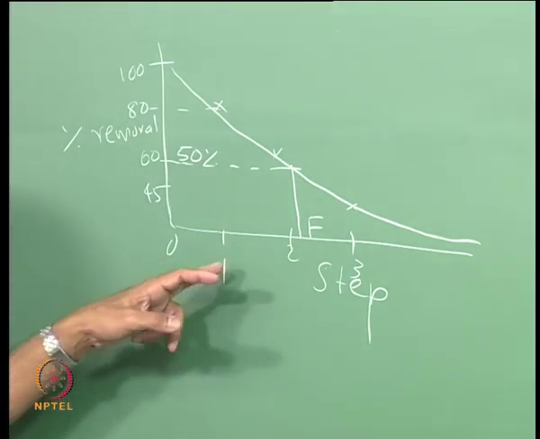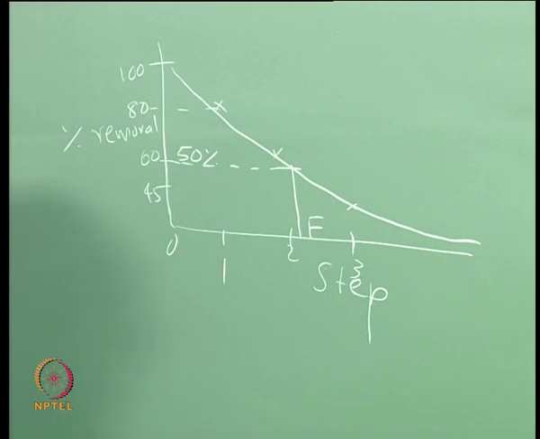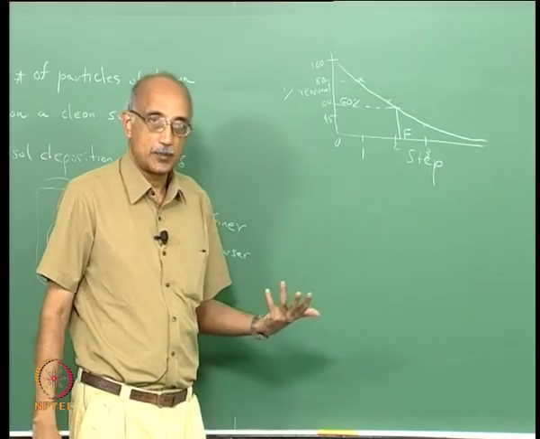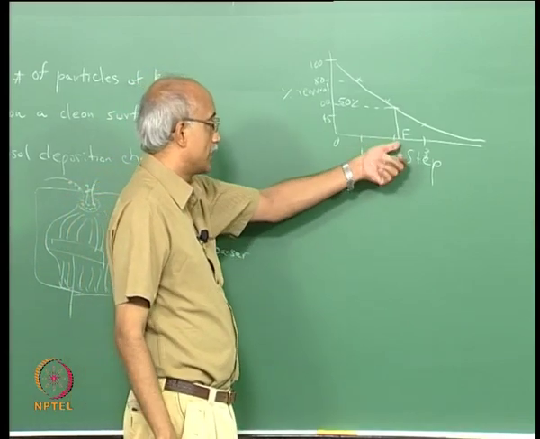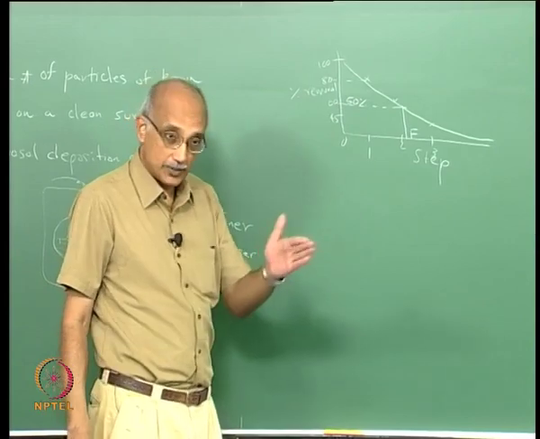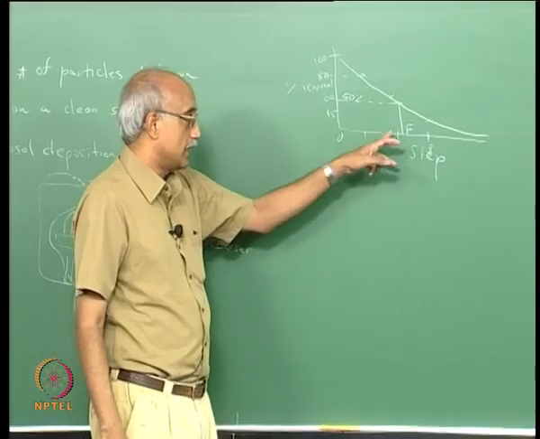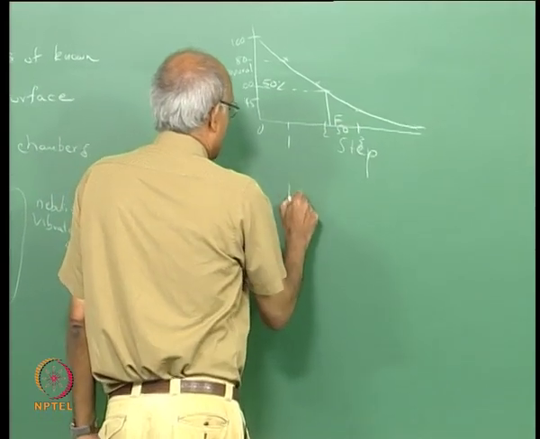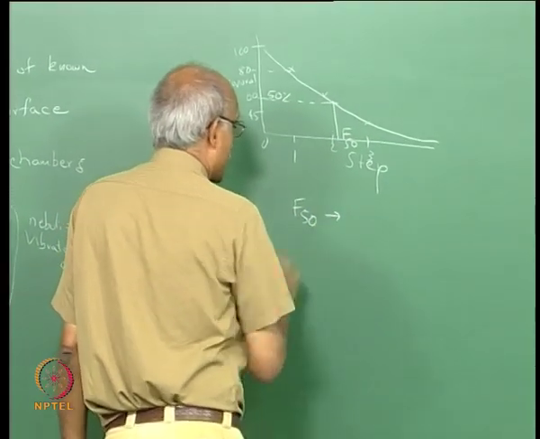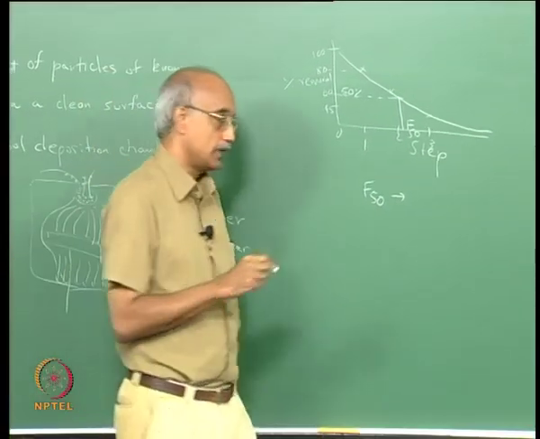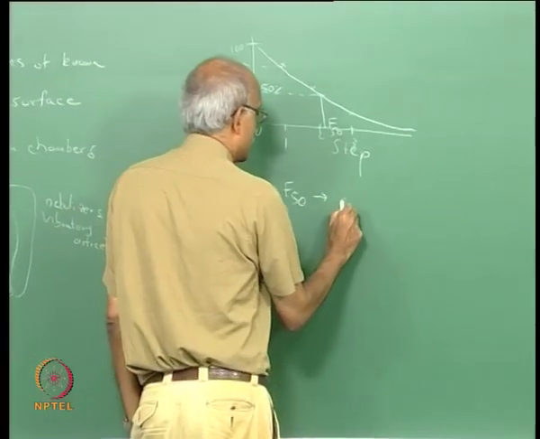Now corresponding to each of these stages of particle removal, you can estimate the amount of force that has been supplied to the surface. So corresponding to the time that it takes to remove 50% of the particles of a certain size, you can estimate the corresponding force F50. Now by convention, F50 is taken as a representation of adhesion force.